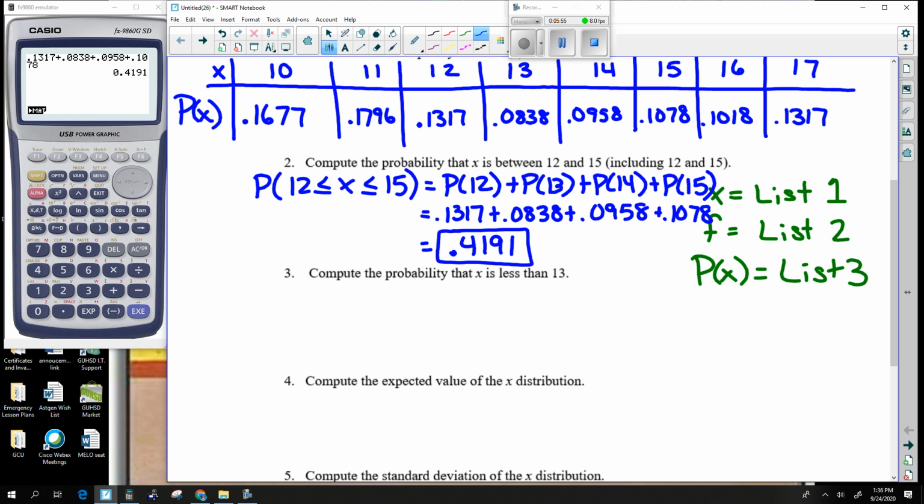Probability that x is less than 13. Notice how it does not include the 13.